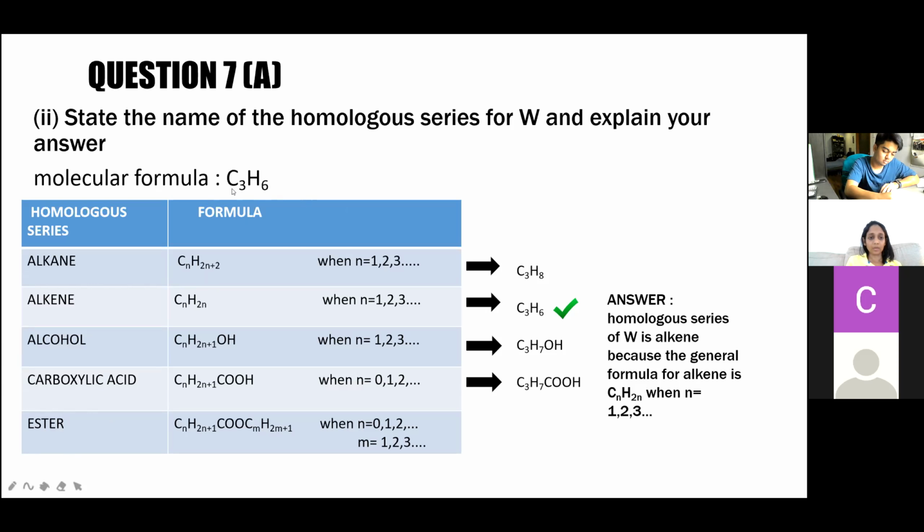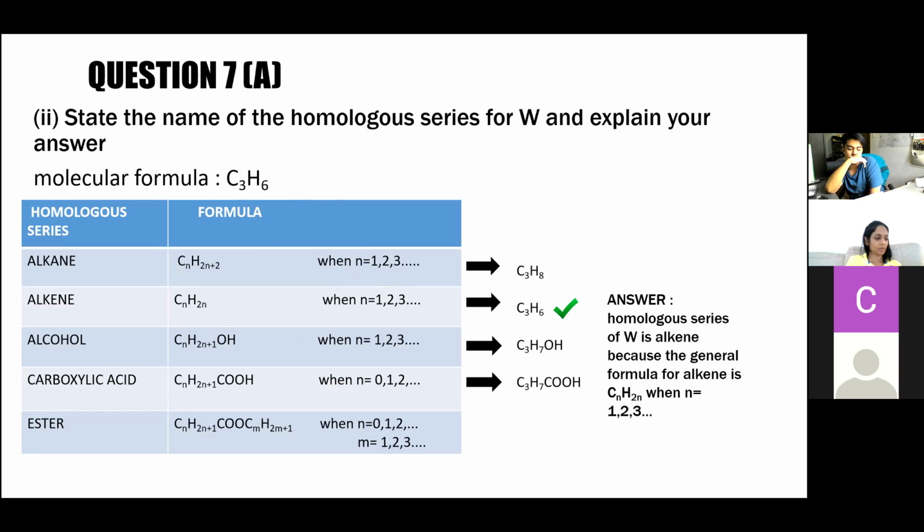So if you sub in 3, because there's 3 carbons, in all of the homologous series formulas, you find different answers, but the most suitable one is alkene, because it's the same value. You get C3H6 and then C3H6. So the answer will be homologous series of W is alkene.